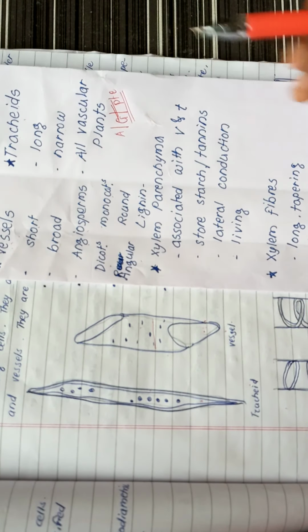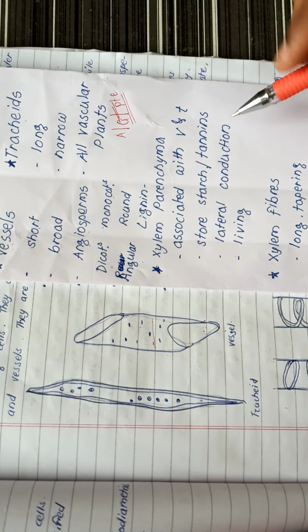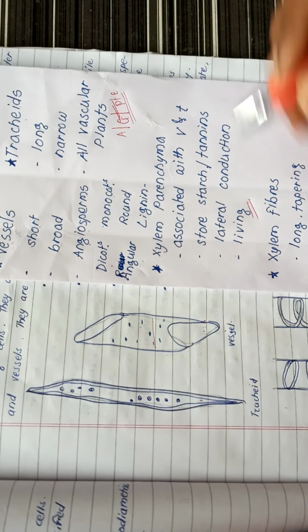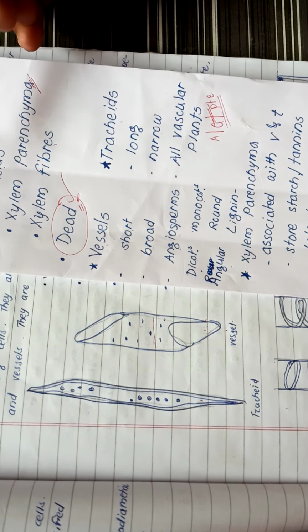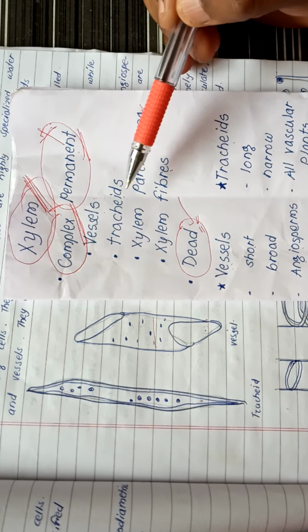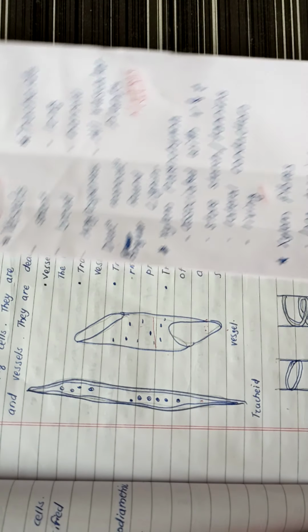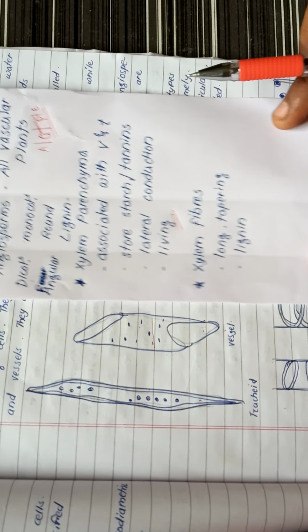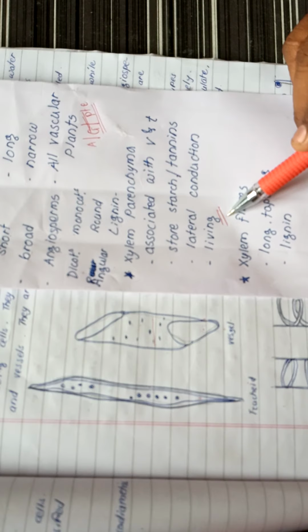Then we'll study the xylem parenchyma. It is the only living tissue in the xylem. All three other elements, the vessels, the tracheids and the xylem fibers, are dead elements, and the xylem parenchyma is the only living tissue.